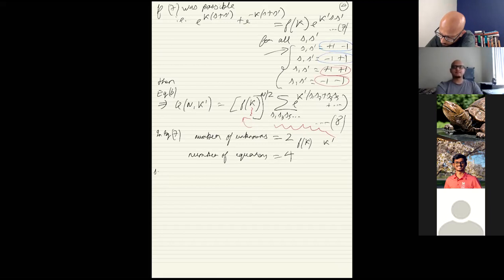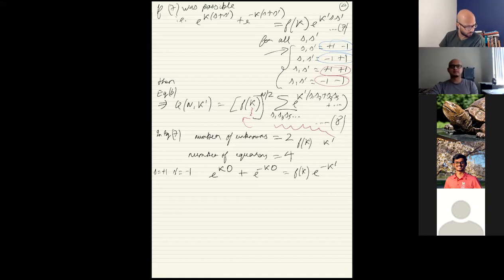If s is equal to plus 1, s prime is equal to minus 1. Equation 7 becomes e to the power k(s plus s prime), which is 0, plus again e to the power minus k multiplied by 0, is equal to f of k e to the power product of s and s prime, which is minus 1, so e to the power minus k prime.